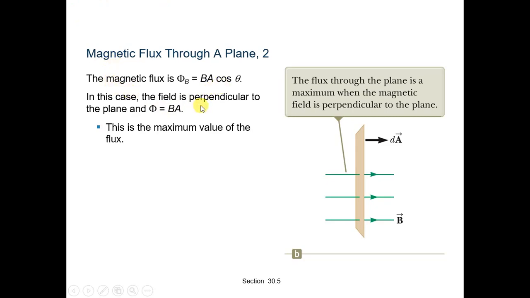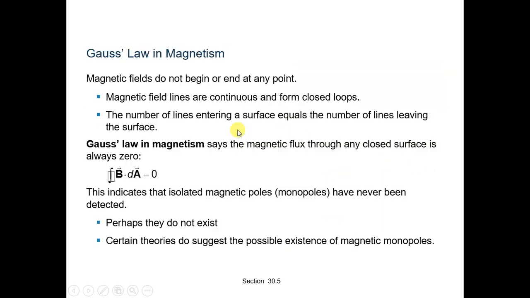In this case the field is perpendicular to the plane, so B is making an angle theta equal to 0, cos 0 is equal to 1, so phi is equal to BA. This is the maximum value of the flux.